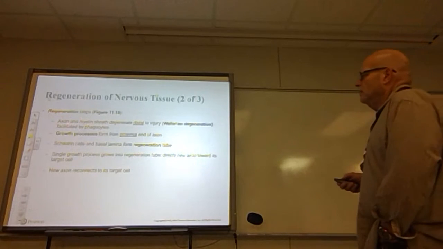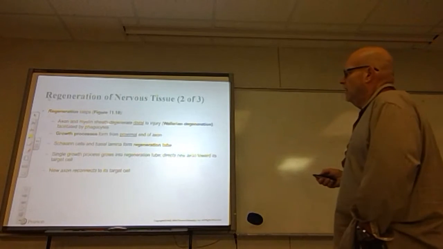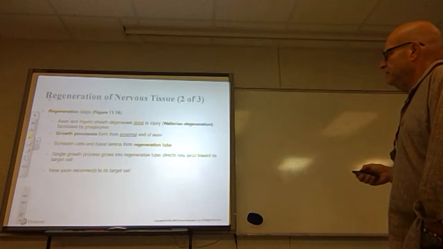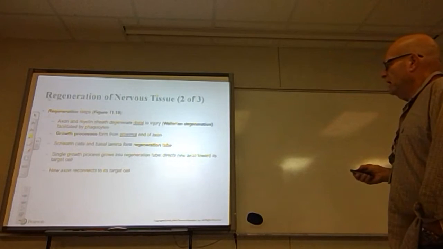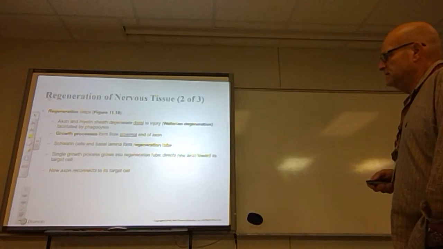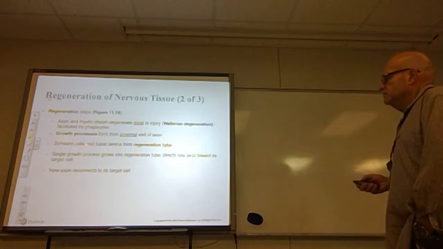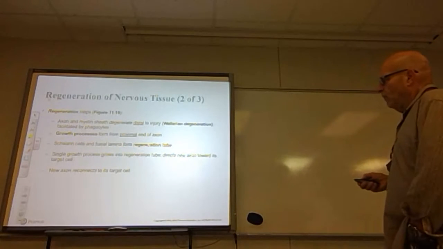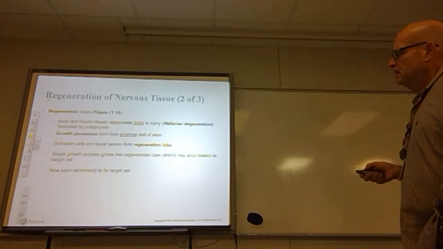For the regeneration to occur, first of all, the axon and the myelin sheath degenerate distal to the injury. It's called Wallerian degeneration. Growth processes form on the proximal end of the axon. Schwann cells and basal laminae form a regeneration tube.